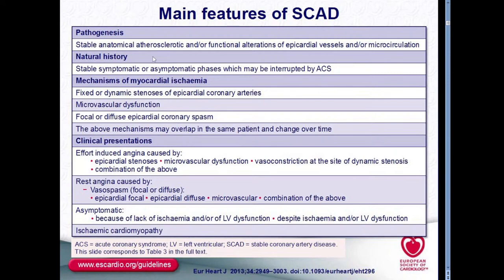And the natural history looks like this: the stable symptomatic or asymptomatic phases may be interrupted, or may be concluded with acute coronary syndrome. And the mechanisms of myocardial ischemia are fixed or dynamic stenosis of epicardial coronary arteries, then microvascular dysfunction, with focal or diffuse epicardial coronary spasm. And these above mechanisms may overlap in the same patient and change over time.